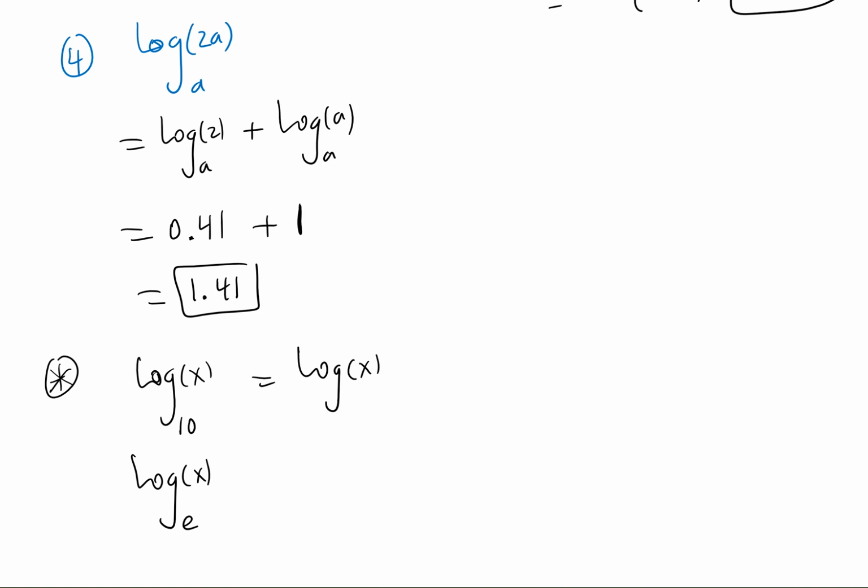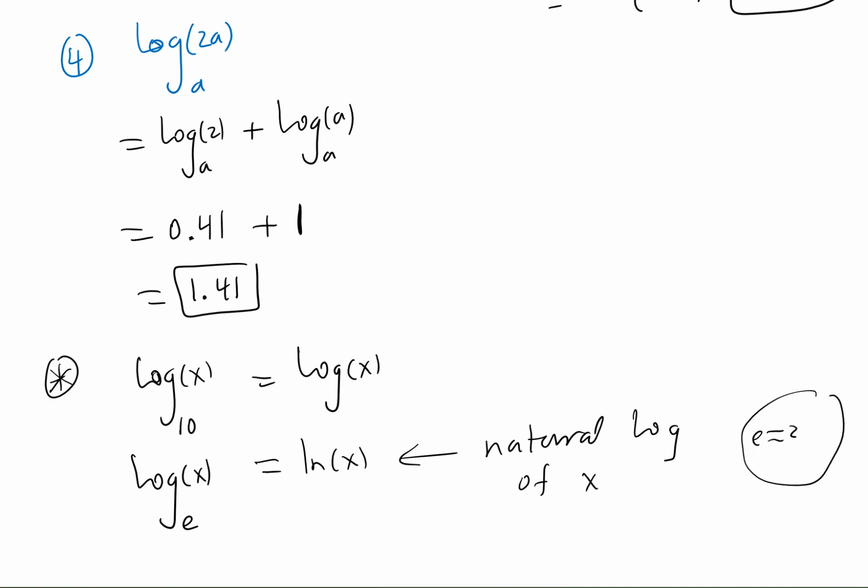If we have it this way, log x base e, then this is the same as natural log of x. Again, e is about 2.7. It's like the pi, it goes forever decimal wise, but we just use 2.7 as the same way we use 3.14.